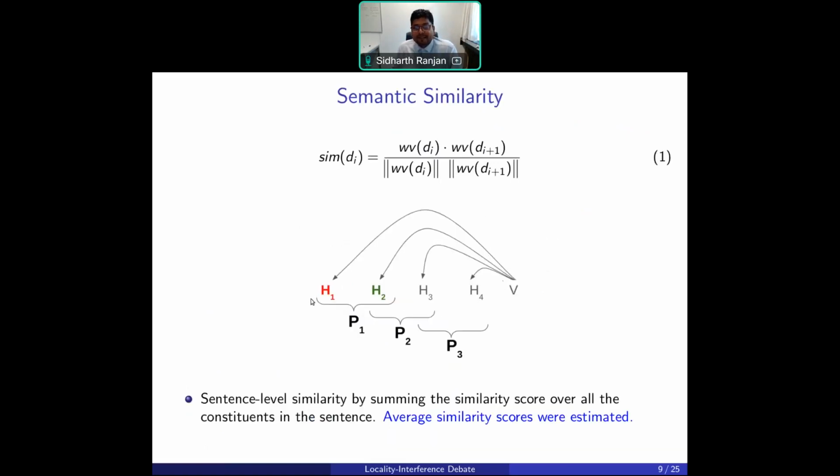Let's say there are four preverbal dependents of this verb, then we compute the cosine similarity between H1 and H2, between H2 and H3, and between H3 and H4. Then we sum it up over all the constituents in the sentence, and compute an average, which represents the similarity effect of that particular sentence.